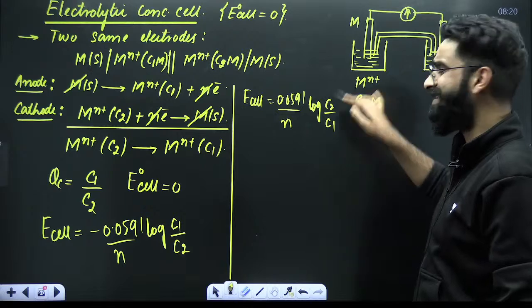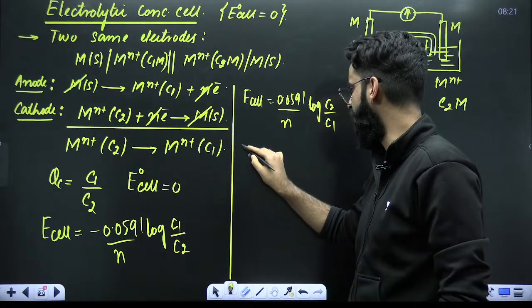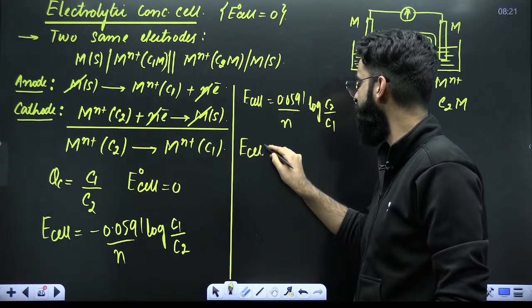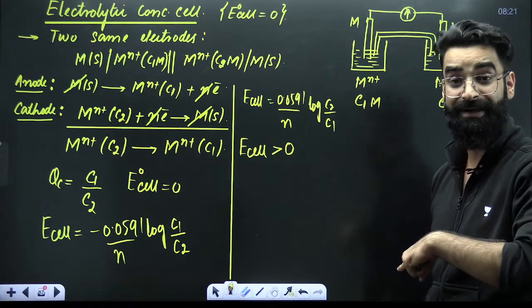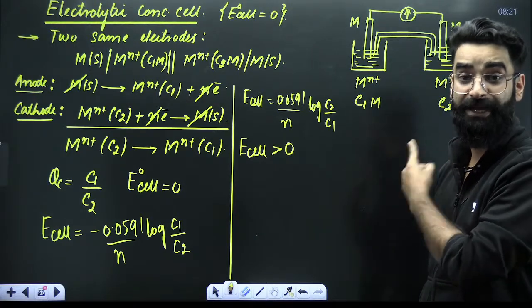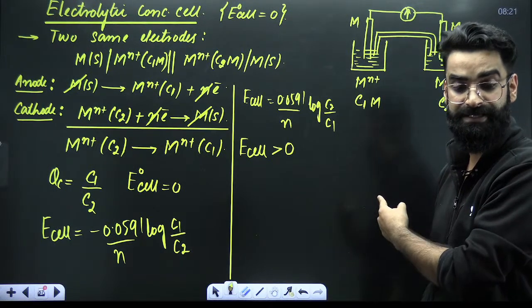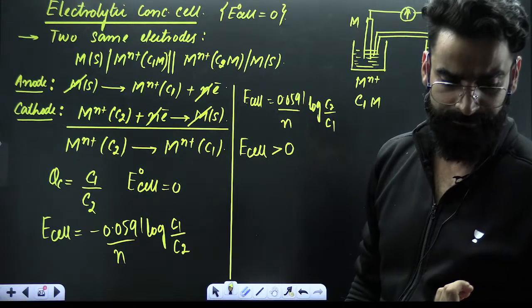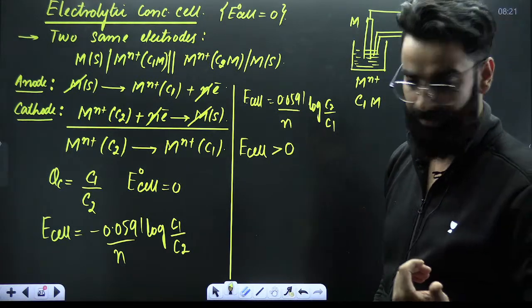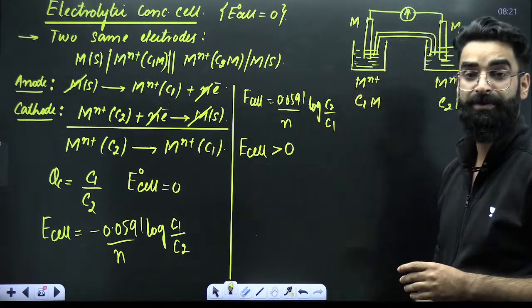So for this particular cell to be working, E cell should be greater than 0. Then only this cell is going to produce current. Then only this cell is going to behave like a normal galvanic cell in which current will go from cathode to anode.